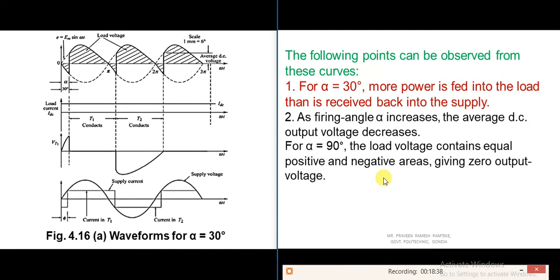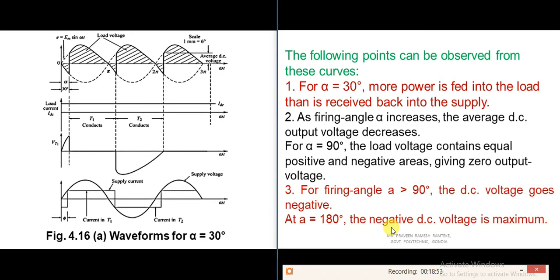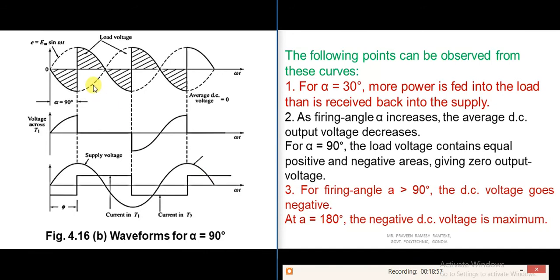And if alpha equals 90 degree, at this point the output positive voltage and the half waving negative voltage will be equal. So this negative voltage and positive voltage will cancel each other. If you look at this diagram, for alpha equals 90 degrees, this positive load voltage and this negative load voltage both cancel each other.